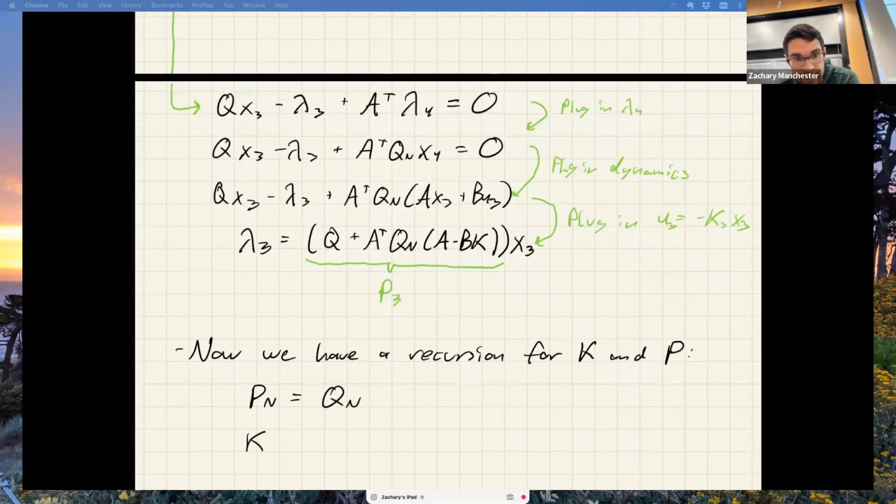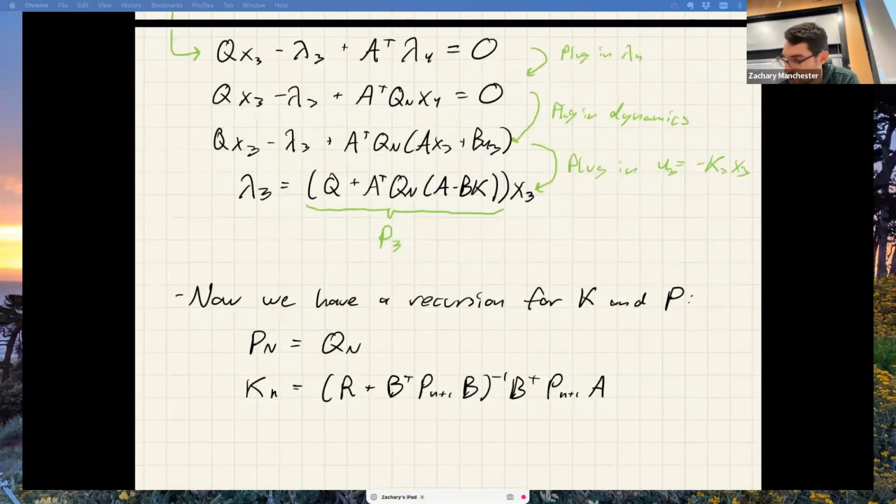That kicks us off, and I can get K sub k equals the following thing. And then I can plug that back in and get P sub k.